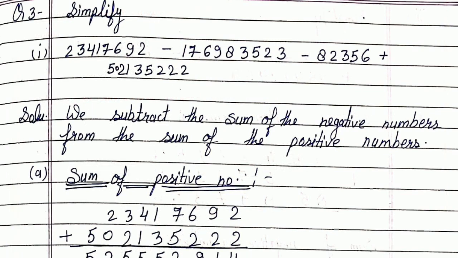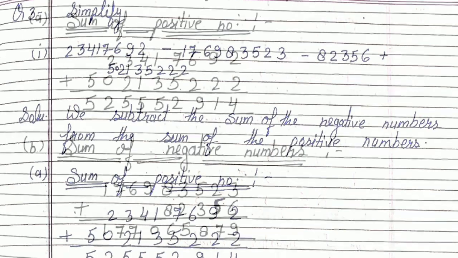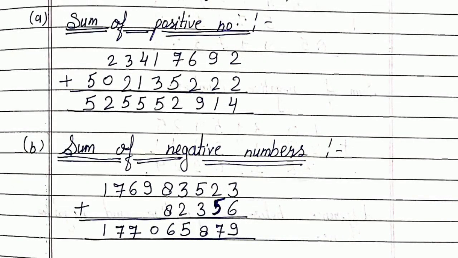Now as you can see, in question number 3, the first part is given. So here again what we will do, we will subtract the sum of the negative numbers. So this one line you write, and then add all the positive numbers here like this, then add all the negative numbers.